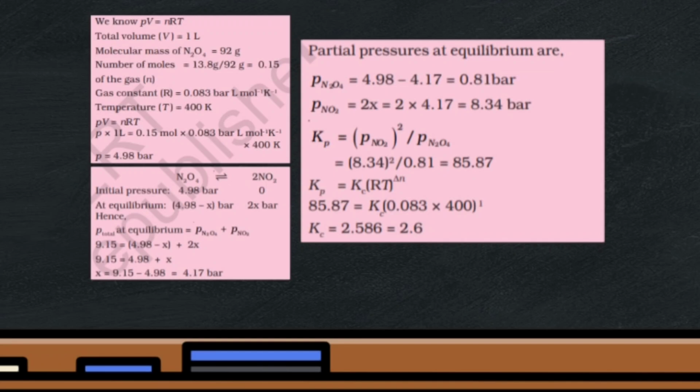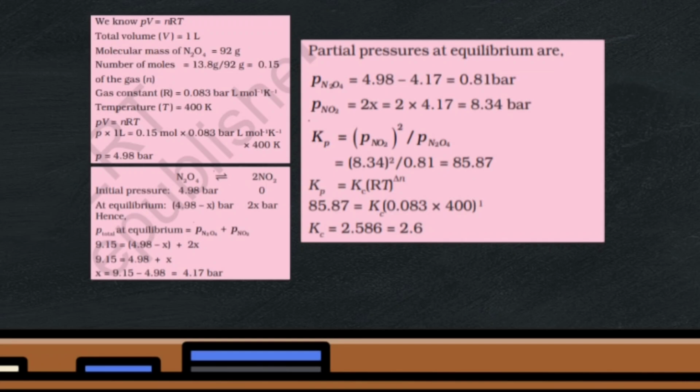So now using this x value, we can find out the exact value of partial pressures of N2O4 and NO2 at equilibrium. So partial pressure of N2O4 is 4.98 minus x. So here 4.98 minus 4.17, which is equal to 0.81 bar. In the same way, partial pressure of NO2 is 2x, which is equal to 2 into 4.17 equal to 8.34 bar.